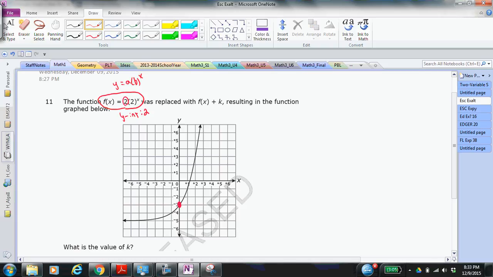The y-intercept of the function in the graph is negative 3. It says that function was replaced with f of x plus k. So what could I add to 2 to bring it down to negative 3? I'd have to add negative 5, so the value of k is negative 5. That should be your answer for that one.